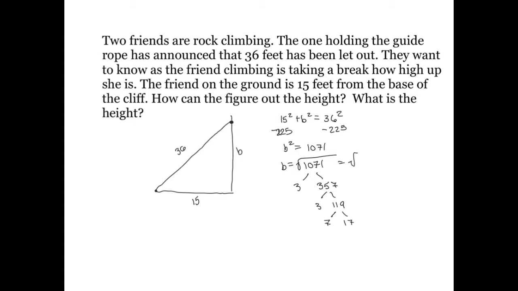So this is equal to the square root of 3 squared times 7 times 17, which then, when we simplify this, is 3 square roots of 7 times 17, or 3 square roots of 119. So that's what it would be in exact form. And then when we want to find the decimal approximation, we just do 3 times the square root of 119, which is going to give us the answer of 32.73 feet.